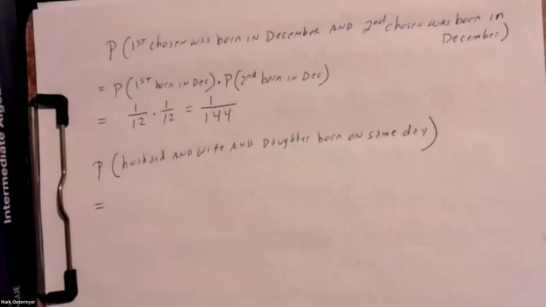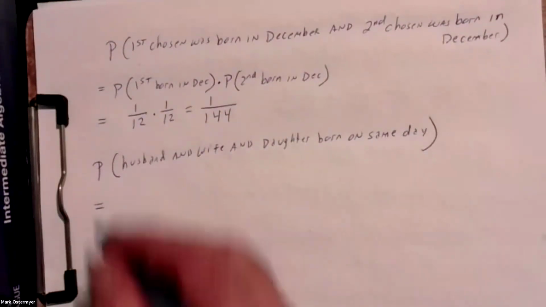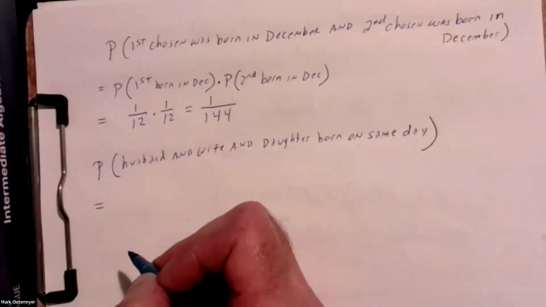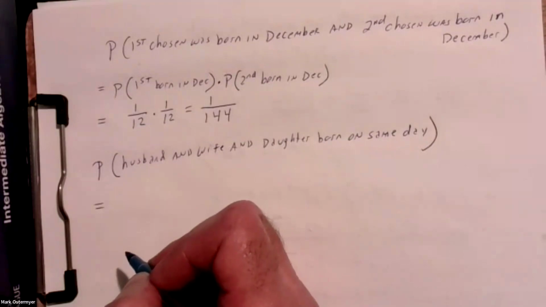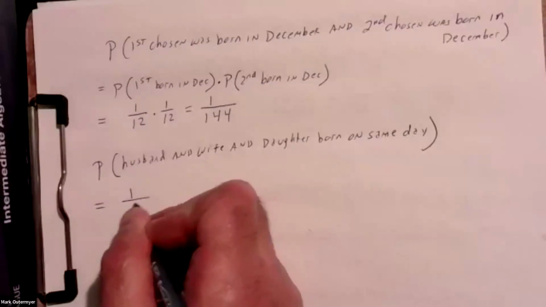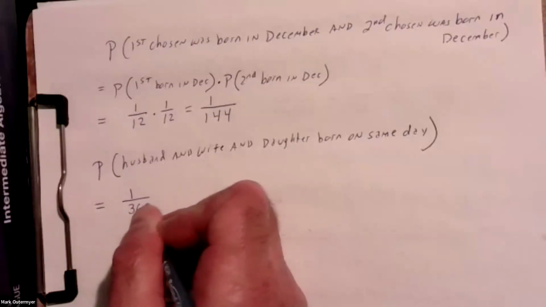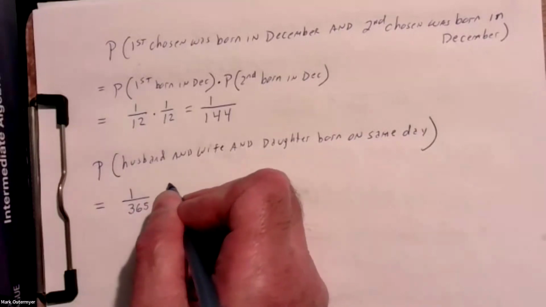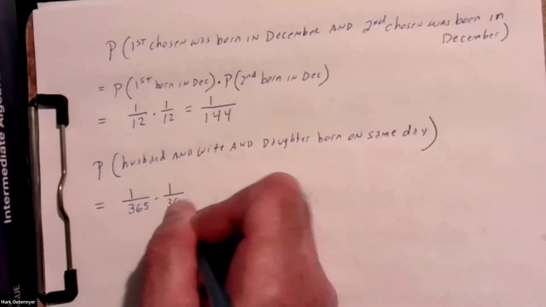Well, how many days are there out of the year? There's how many days in a year? 365. So the probability the husband's birthday falls on a particular day is 1/365. Times the probability the wife's birthday falls on that same day would be 1/365.